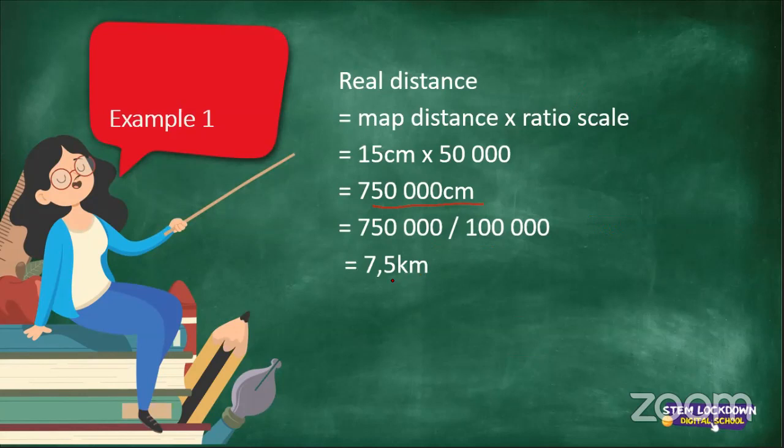Okay, this conversion you need to know off by heart as well. 1 kilometer is actually equal to 100,000 centimeters, right? Remember that 1 kilometer is equal to 1,000 meters, right?